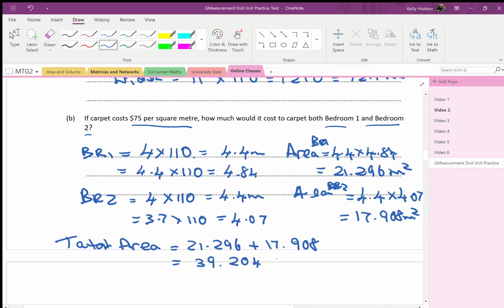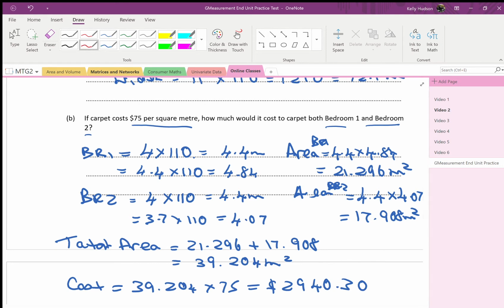So this is metres squared. So my cost is going to be equal to my area, 39.204, multiplied by my 75, and that comes out to be $2,940.30.